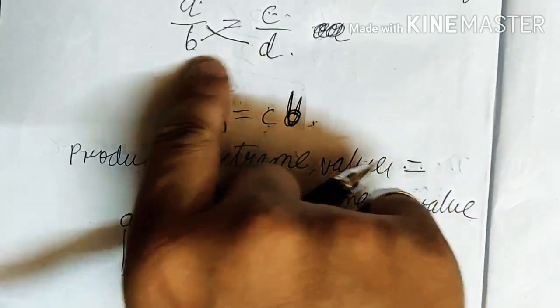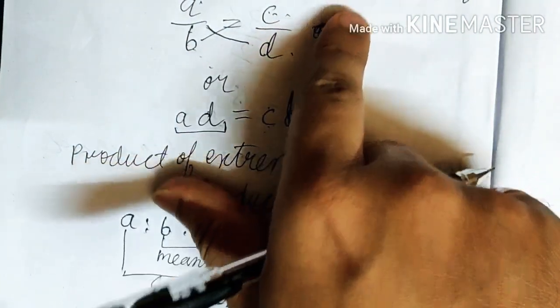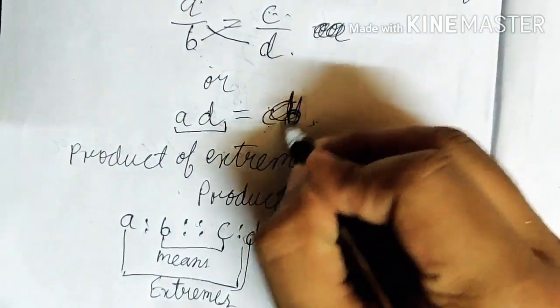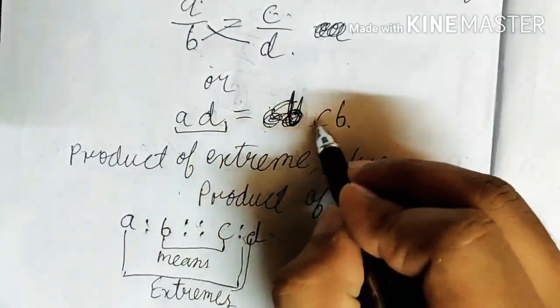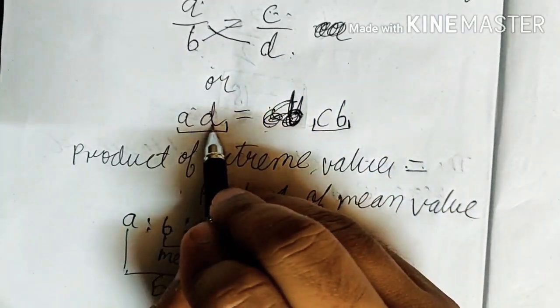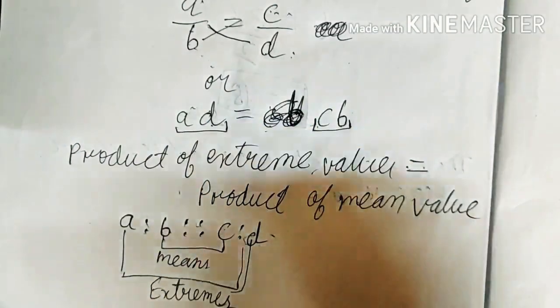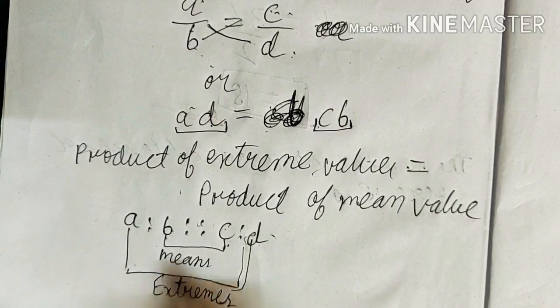If we check through this fraction form, the denominators go to the other side for multiplication. So D into A, that is AD, and B into C means BC. This was equal to this. That is, A into D means the product of extremes and C into B means the product of mean values, as the means were C and B and the extremes were A and D.